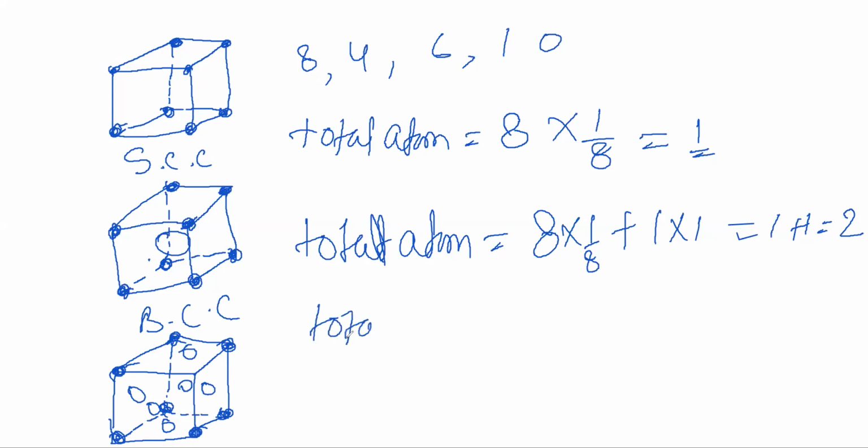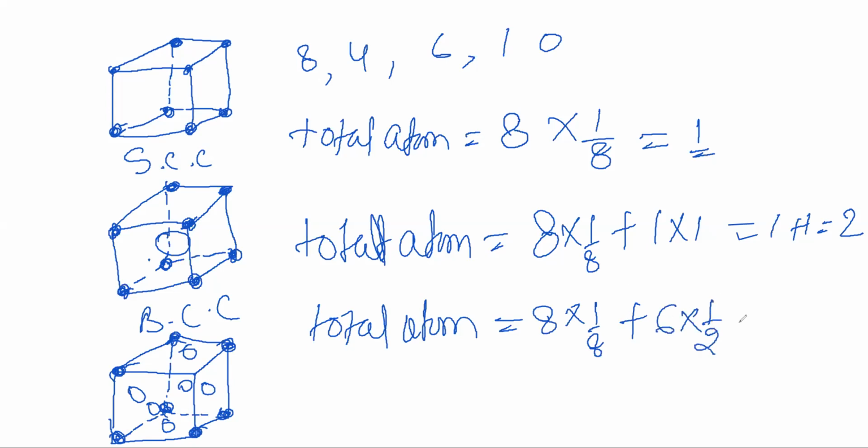So total atoms here will be 8 at the corner, their sharing is 1 by 8, plus 1, 2, 3, 4, 5, 6, that is 6 atoms at the faces, and their sharing is 1 by 2 if you remember. So 1 plus 3, that is equal to 4. Highest density of the atoms is found at the FCC. Just remember this.